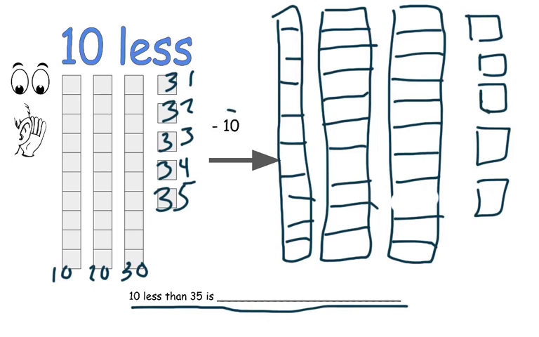Okay, so now I'm taking away 10. So I'm going to cross out 10. Now, we could start by crossing out the ones, but because we're taking away a whole 10, I'm going to show you to take away the 10 stick instead.